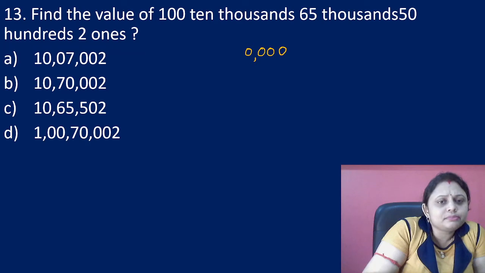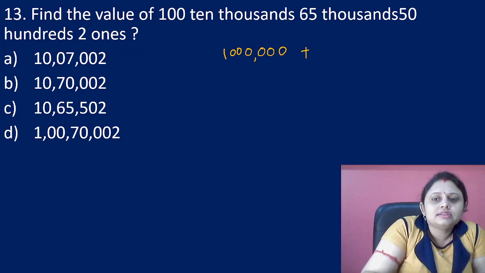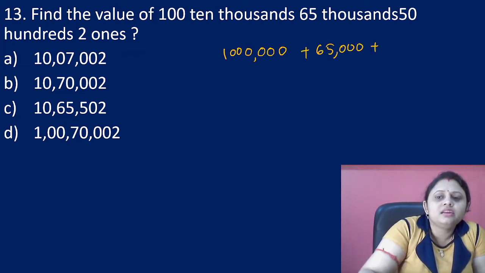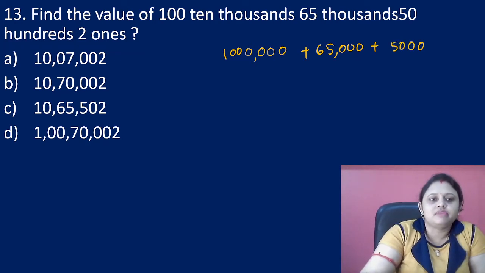In the 10,000 place, we have to write 100. Then 65,000, then 50 hundred. Now comes the 100 place. In the 100 place we have to write 50, that is 5,000, plus ones.